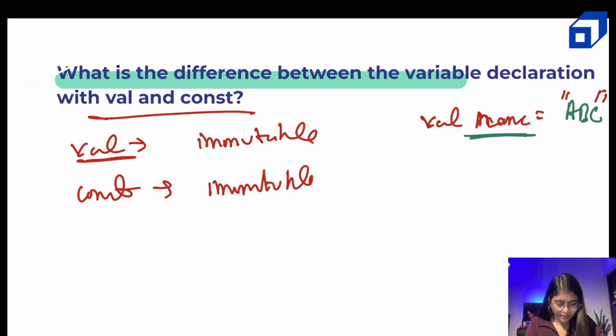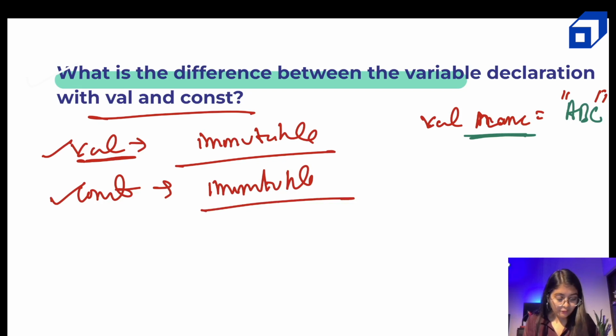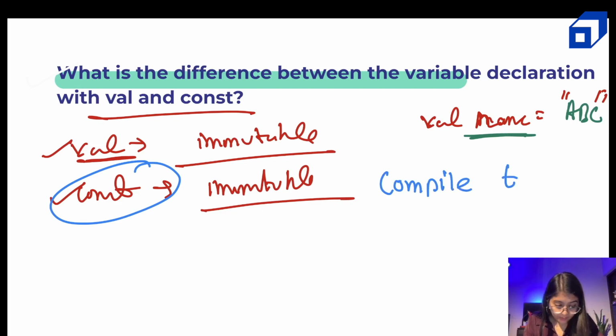But if the interviewer asks you the difference between val and const, what will you say? Both variables declared with val and const are immutable in nature, but the value of the const variable must be known at compile time, whereas the value of the val variable can be assigned at runtime also.